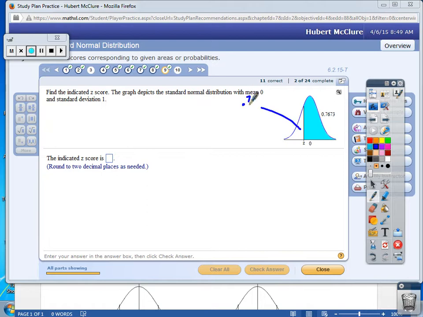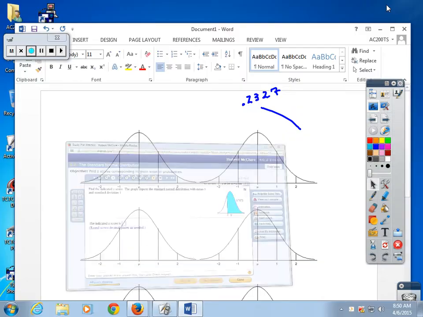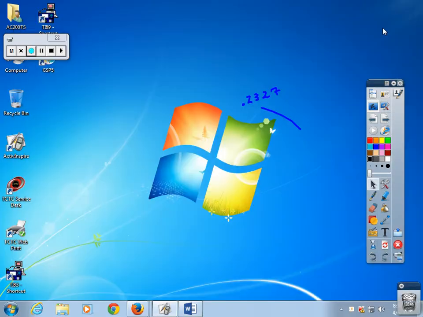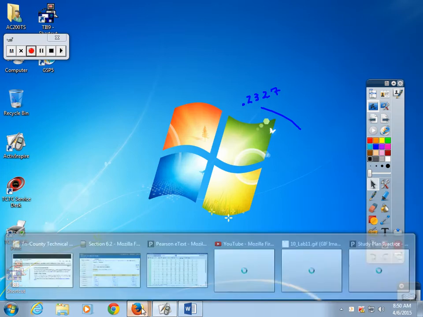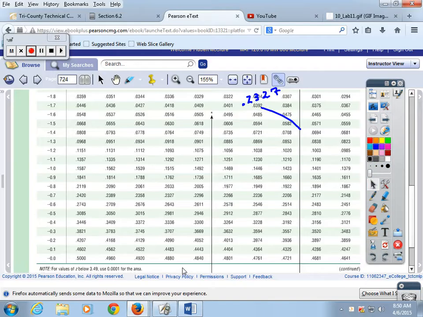Okay, 0.2327. And that's what you're looking for on the z-table. So you go to your handy dandy z-table and you find 0.2327 right here.